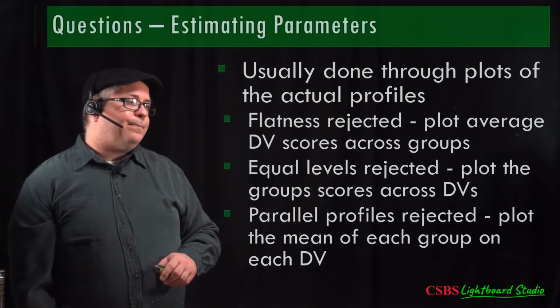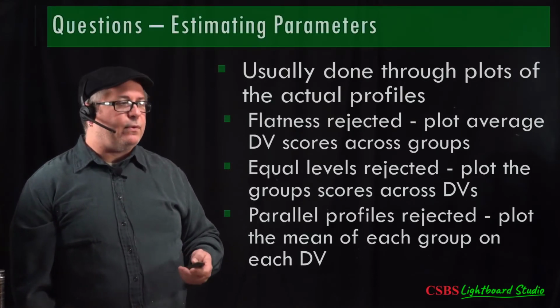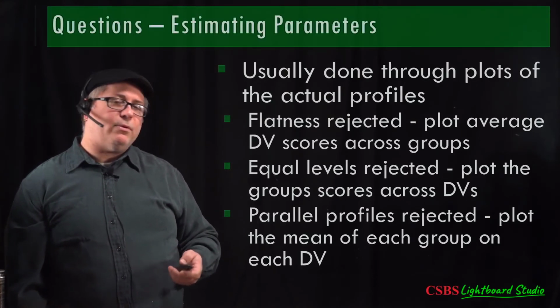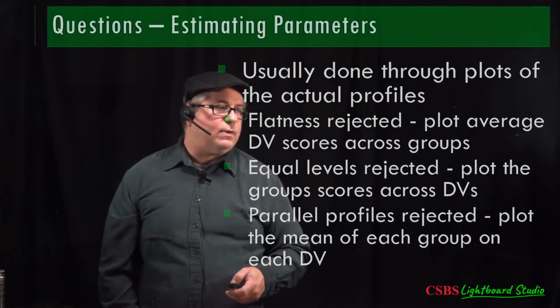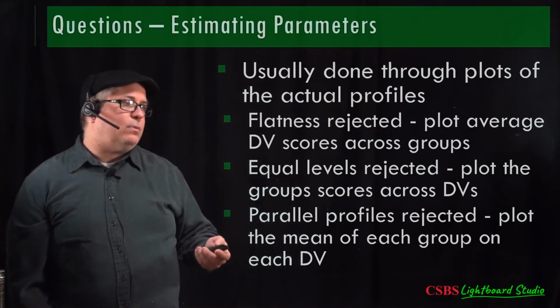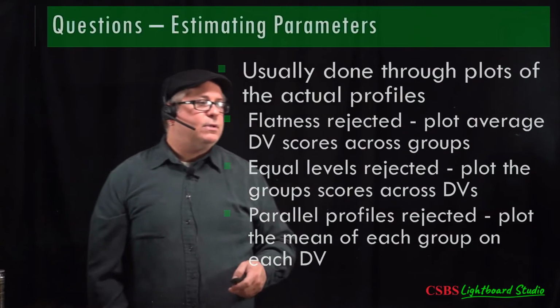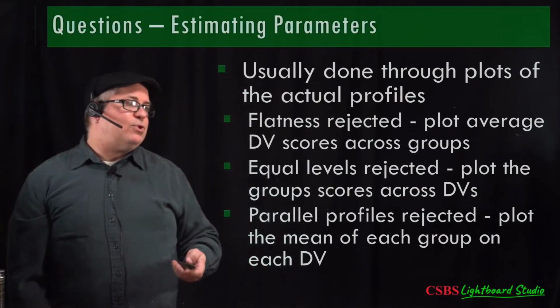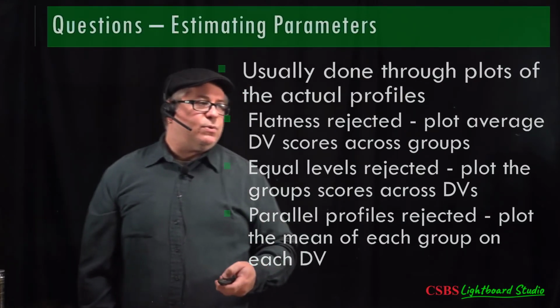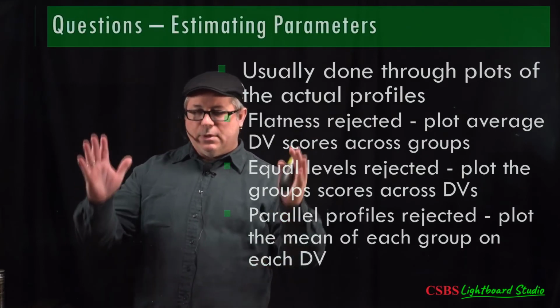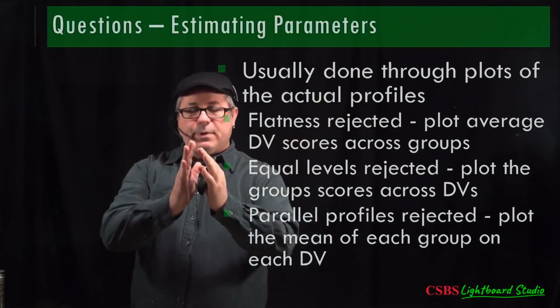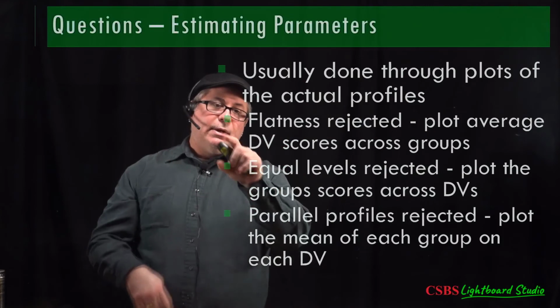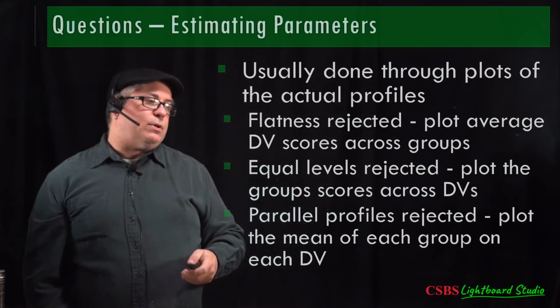So another question you can ask is, can we estimate parameters for population values, that kind of thing? Usually done through the plots of the actual profiles. So if flatness is rejected, you're going to plot the average DV scores across groups. So you're going to average out all the DV scores for each person, and then average those across groups.